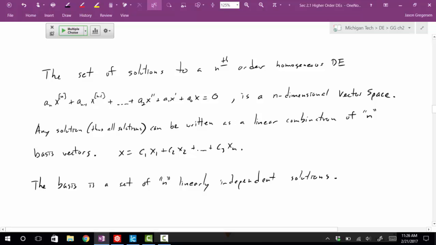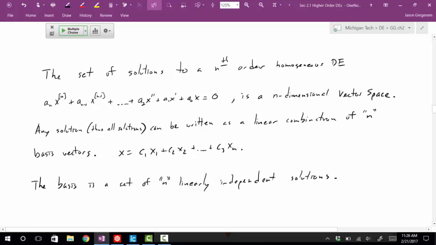In general, the set of solutions to an nth order homogeneous differential equation is an n-dimensional vector space. Any solution, and thus all of the solutions, can be written as a linear combination of n basis vectors. And by vectors here, I mean elements of my vector space. And we write them all out like that. And what is this basis? The basis is a set of n linearly independent solutions.